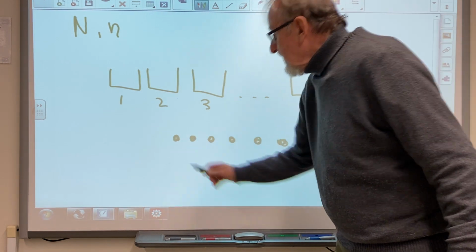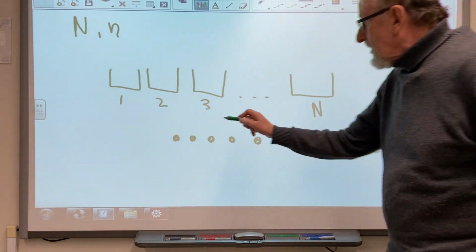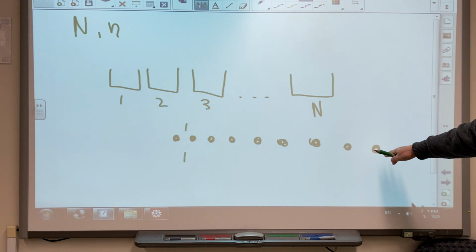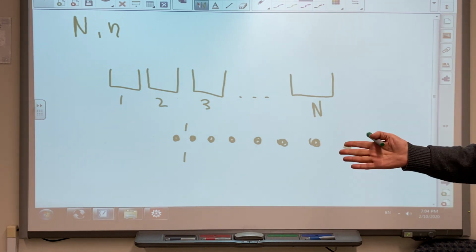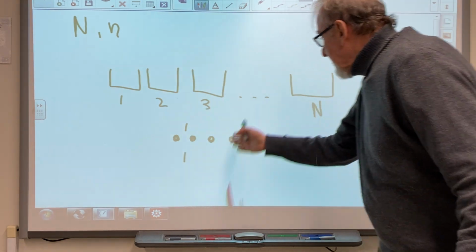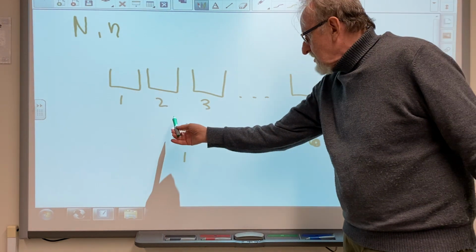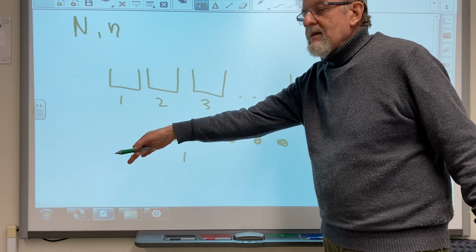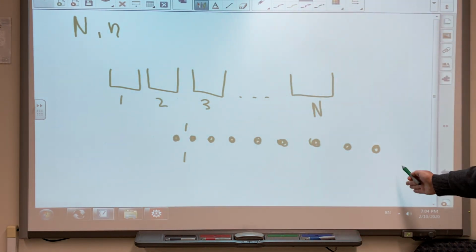If you put the line here, you're saying none in box 1 and all of them in box 2. If I put the line here, I am saying 1 in box 1, and n minus 1 in box 2, and so on. So it's the number of ways of putting a line here, including the possibility of putting it at either end, because that would mean 0 in box 1 and n in box 2, or the reverse.